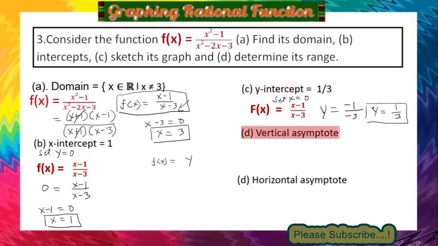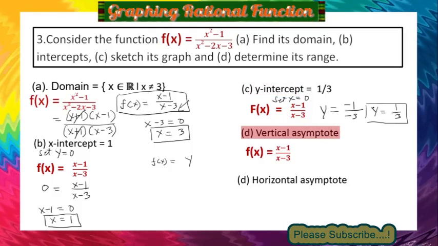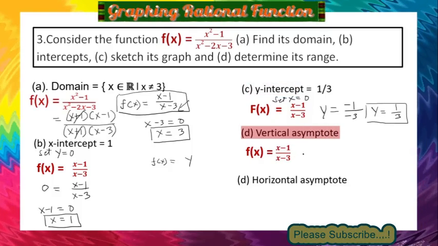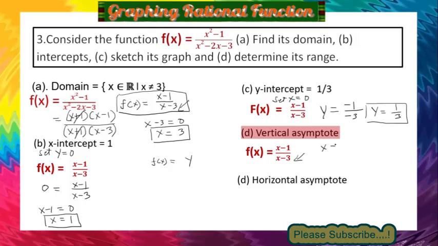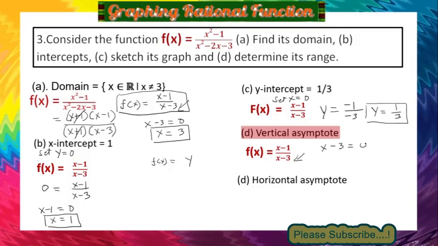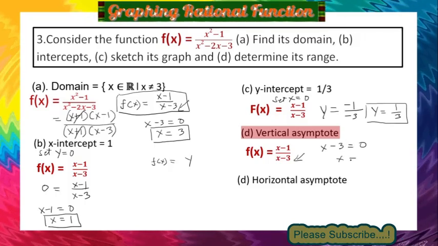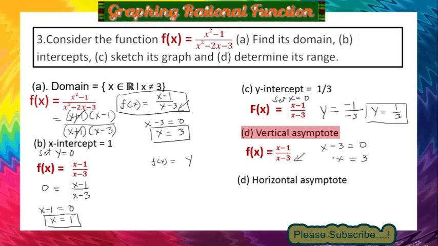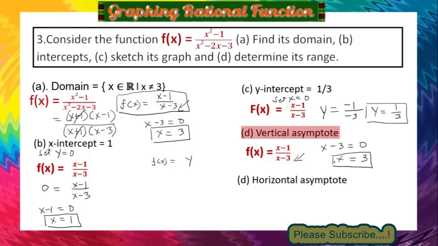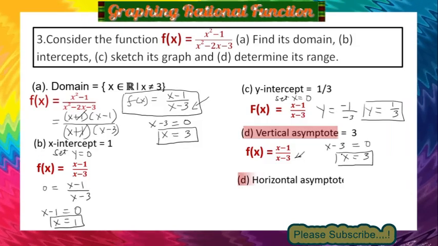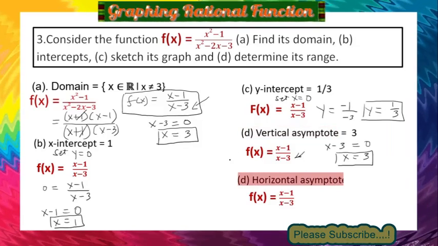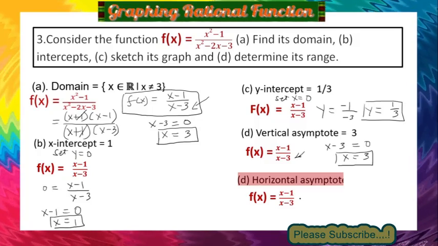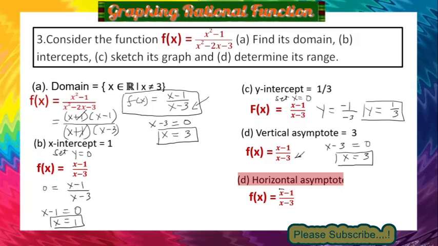For the vertical asymptote, you have to look at the denominator and equate it with 0. So your vertical asymptote is x equals positive 3. And for your horizontal asymptote, you have to look at this one.